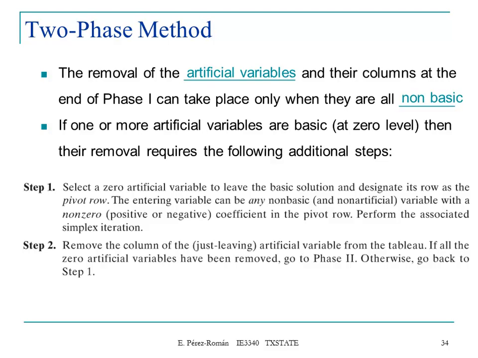If all the zero artificial variables have been removed, you can go to phase 2. Otherwise, go back to step 1. So you're going to be repeating this process until you are able to get the artificial variable out of the first phase. Okay? So this is something that can happen a lot of times.